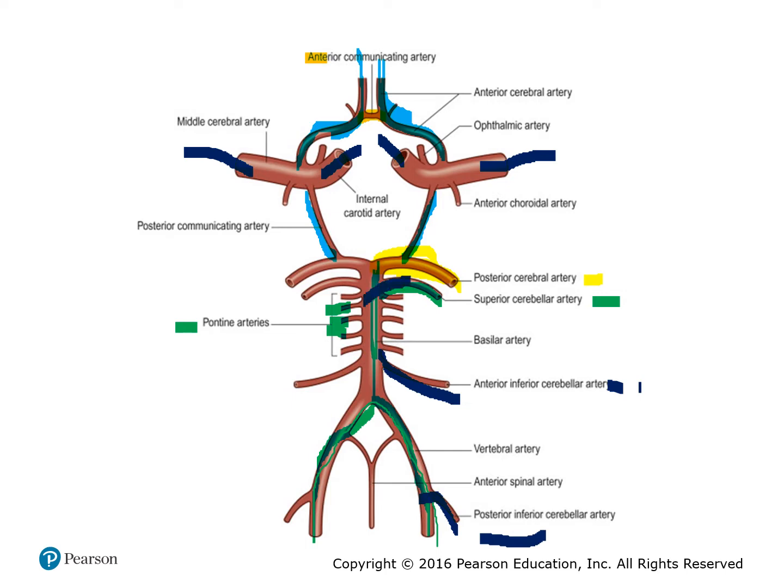The other cerebellar is right here, superior cerebellar artery. And then if you look in the middle of those vertebral arteries, that's new to this slide as well, this is the anterior spinal artery, going down the front of the spinal cord. Good.